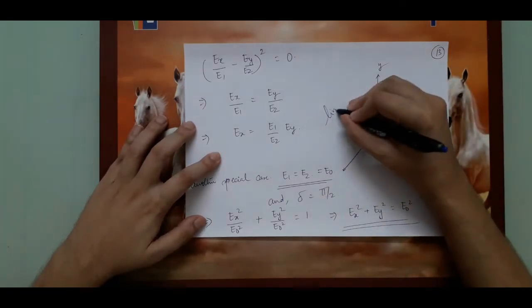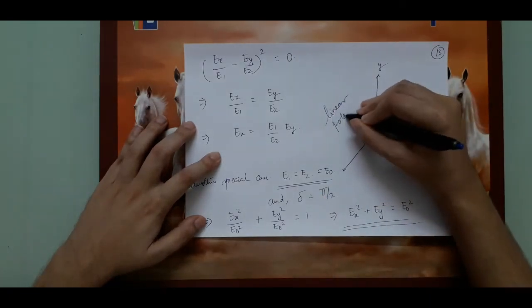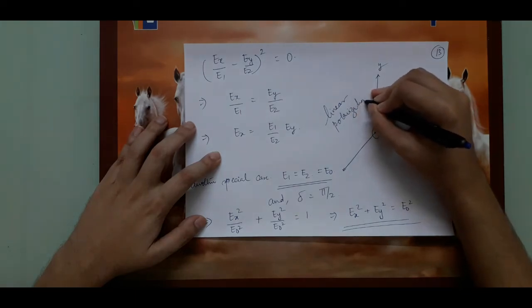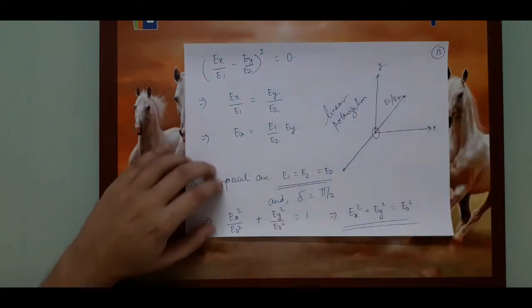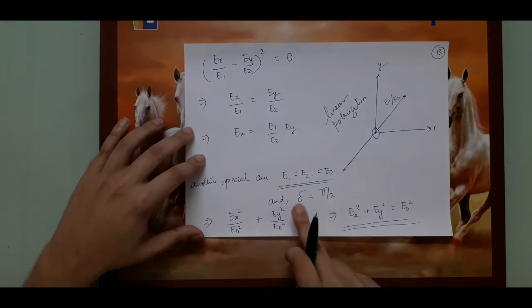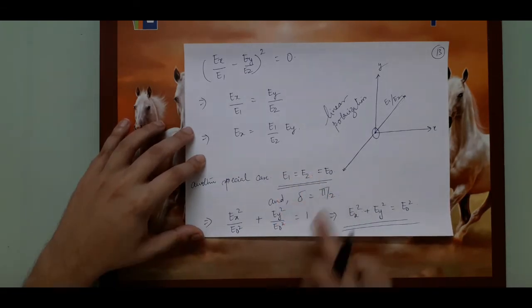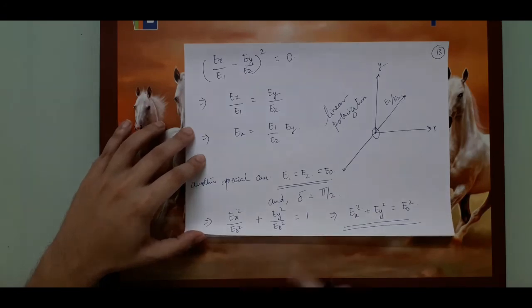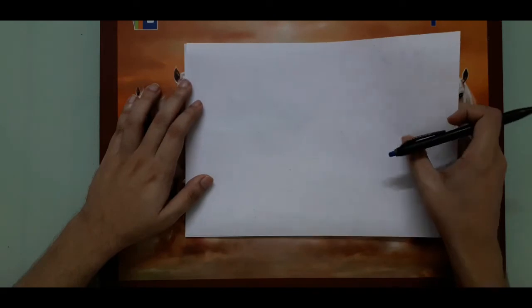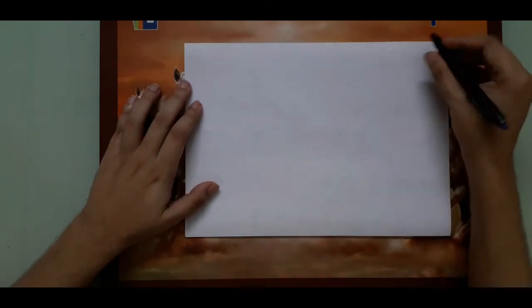This is called linear polarization. So when the magnitudes of the two projections are equal and the phase difference between them, as a special case, is pi by 2, then we get what is called circular polarization.